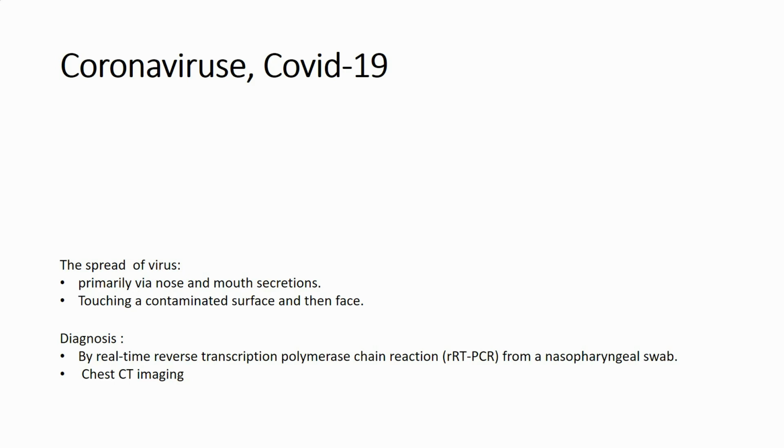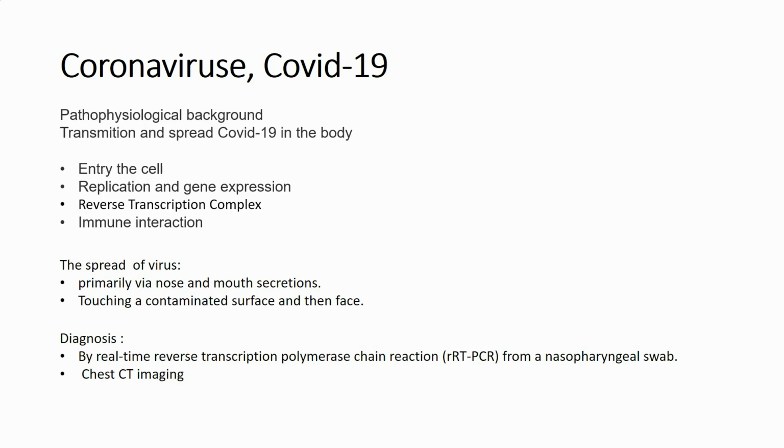For the diagnosis, we usually use RT-PCR, or real-time reverse transcription polymerase chain reaction, from a nasopharyngeal swab, because the most important source for the spread of this virus is the nasopharyngeal fluid. Or in the clinical aspect, we can check the chest CT image. It's very important, because in the chest CT we can see the inflammation in the lung.